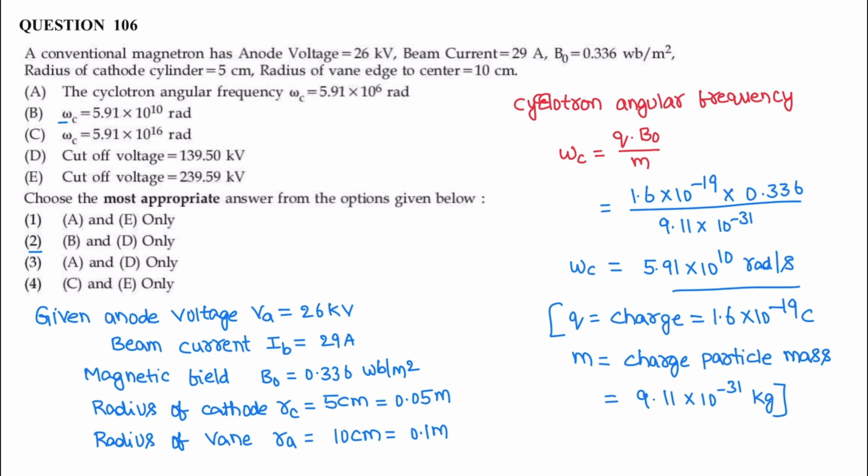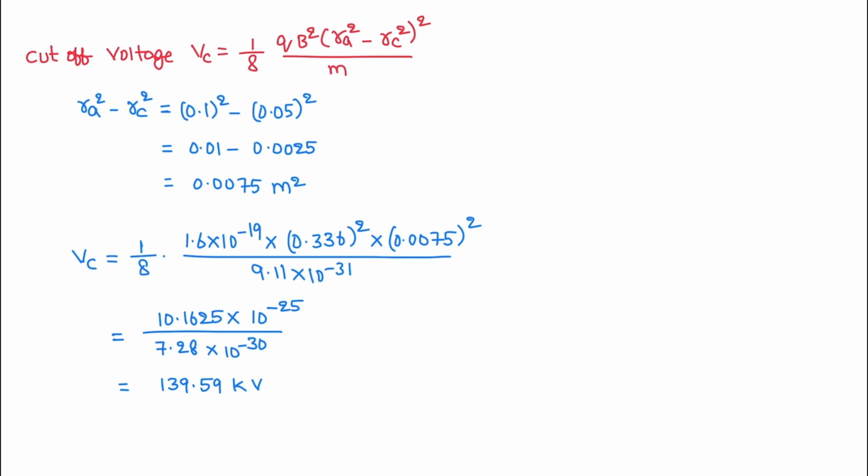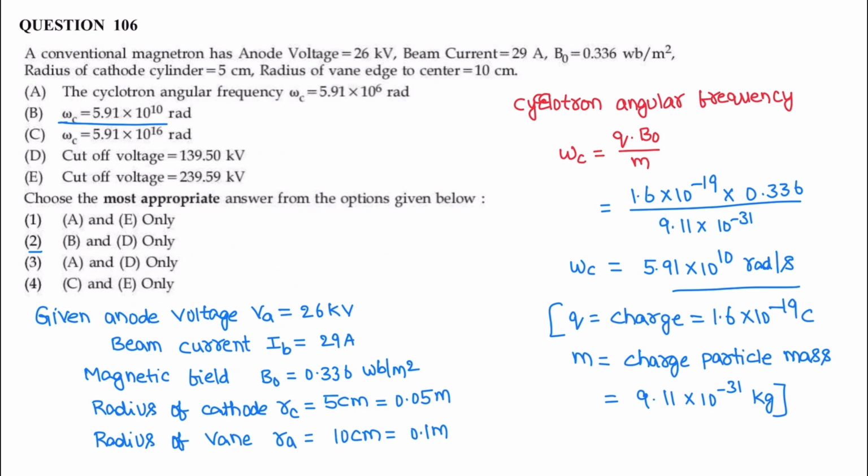Statement B is correct. Cyclotron angular frequency omega c is 5.91 into 10 power 10 radians per second. Now cutoff voltage. Cutoff voltage Vc is 1 by 8 q B (Ra square minus Rc square) whole square by m, Ra minus Rc. Radius of vane is Ra, 10 centimeters, 0.1 meter.